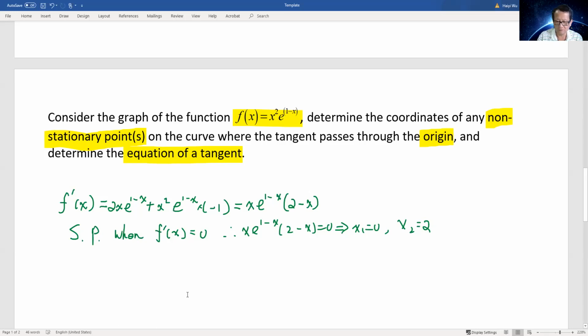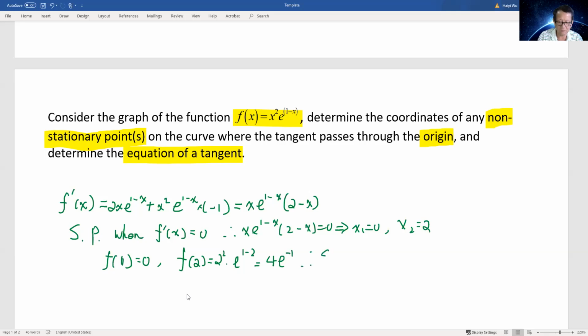We got two x values, so now we find the y values. The first y will be f(0), which is 0. The second y will be f(2), which is 2 squared times e to the power of 1 minus 2, so the answer is 4 times e to the power of -1.